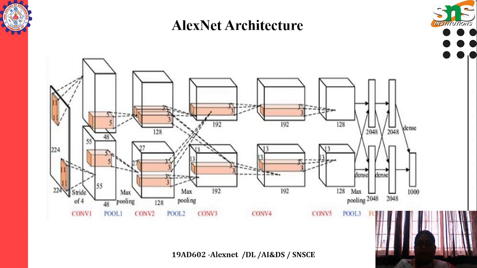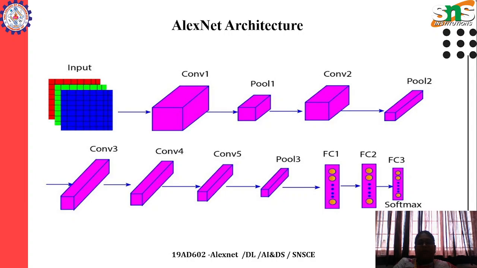At the end we have a softmax layer, which is going to be the output of the AlexNet architecture. For further clarification of the architecture, this diagram will help you understand more about the AlexNet architecture. We have the input, which is in the form of a grid. Just remember that we already said we have a pixel or binary representation of data.